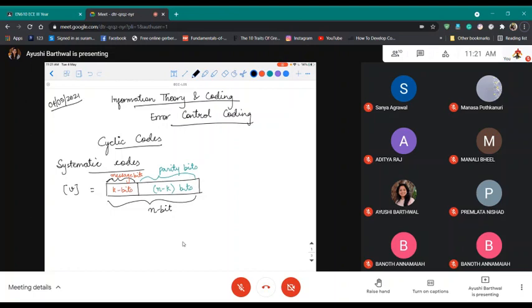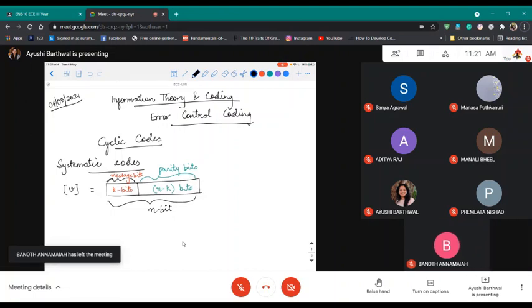So in such code words where message bits and parity bits can be separated, such code words are called systematic codes. So let us see how we can generate a systematic cyclic code with the help of the generator polynomial when our data vector is given to us.